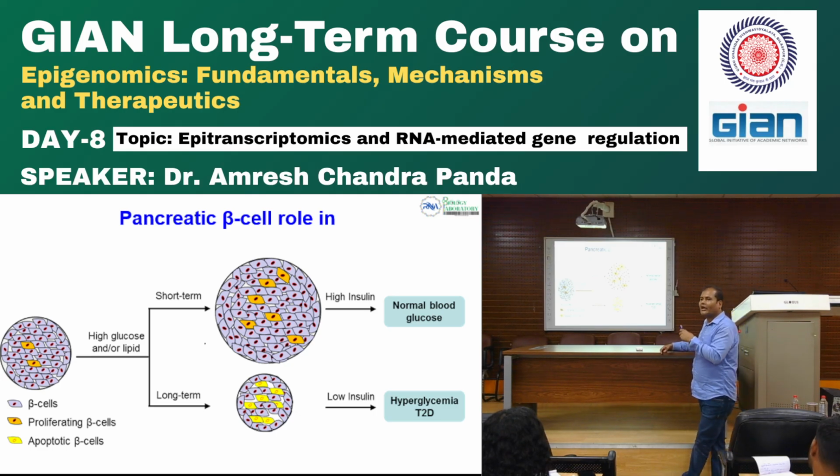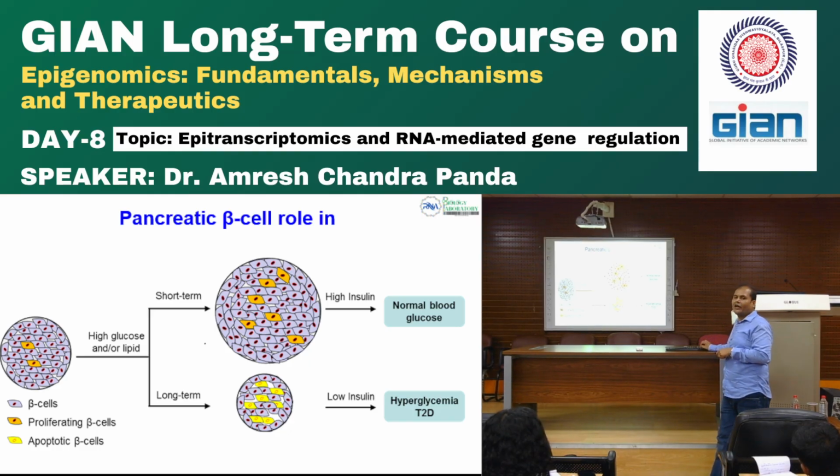So you will not have enough beta cells to produce insulin, and that will lead to diabetes, right?